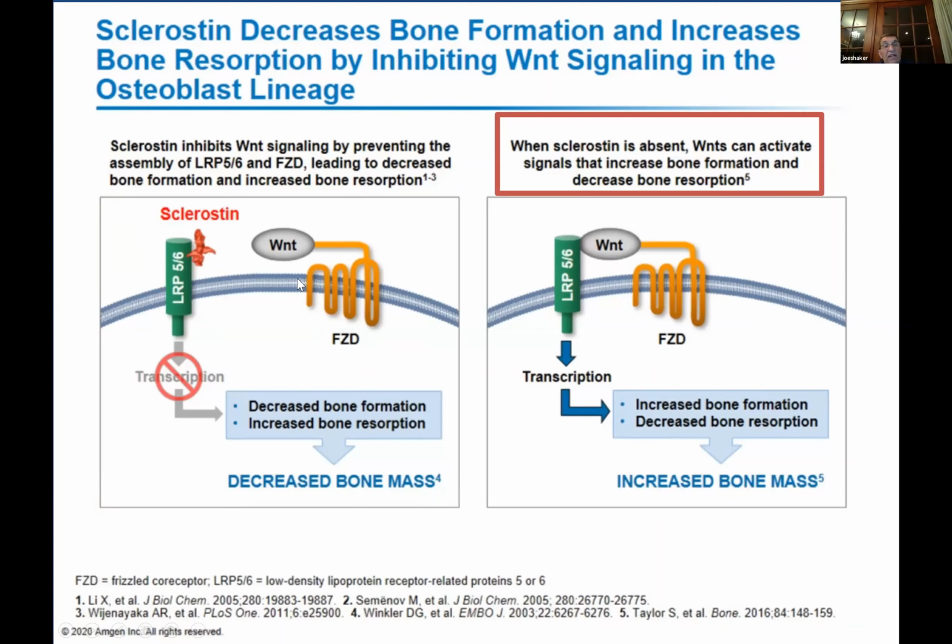Now, it's known from nature that there are mutations of sclerostin, von Buchem disease and sclerostosis, where you don't have this inhibitor and you have a high bone density disease. So if you can block it, you get increased bone formation and decreased bone resorption. And that's what romosozumab is. It's an antibody to sclerostin.